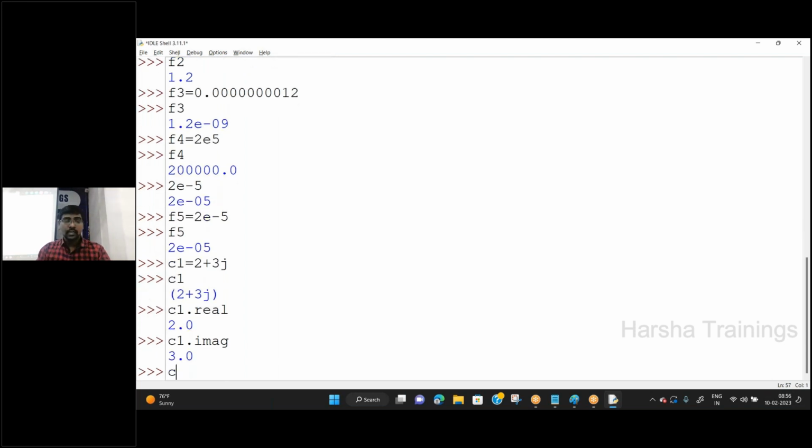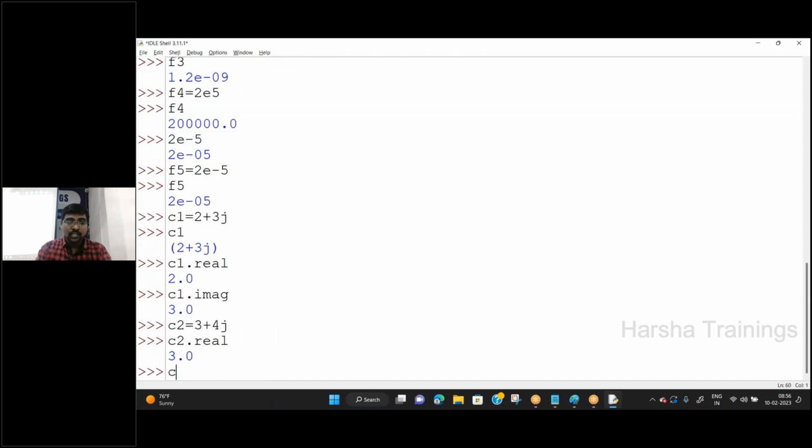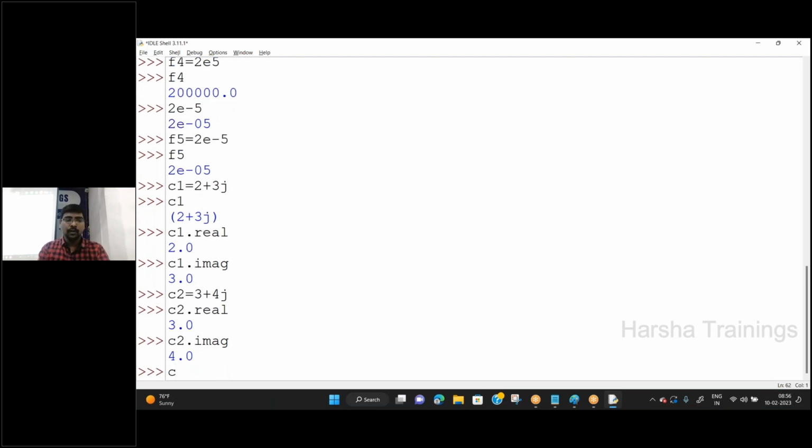Now it is clear. Suppose you take another number, C2 is equal to 3 plus 4j. C2 dot real. The answer is 3. C2 dot imag, imaginary. Now you can perform the additions. How? C1 dot real plus C2 dot real, like this.